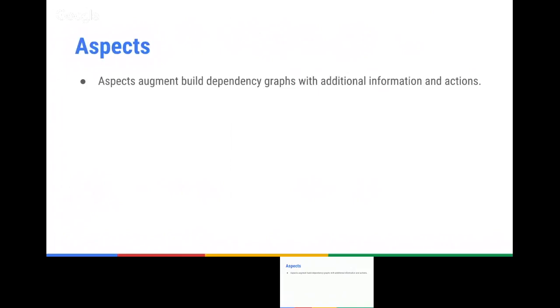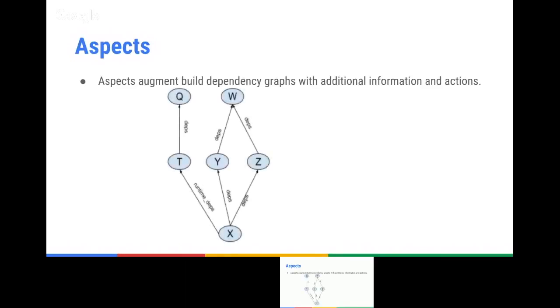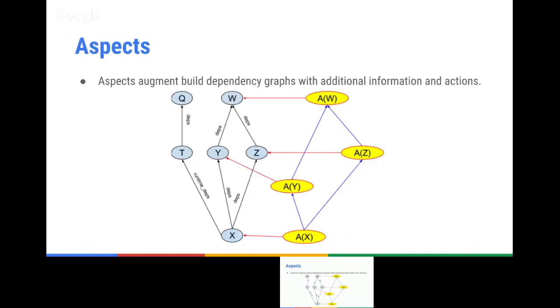But the main idea is to be able to augment the dependency graph with additional information, so providers, or generate more actions. So if you have a dependency graph like this, so you have a target X with multiple attributes, and if you work along the deps, you can generate a new graph by applying a function on every node that is in the deps.